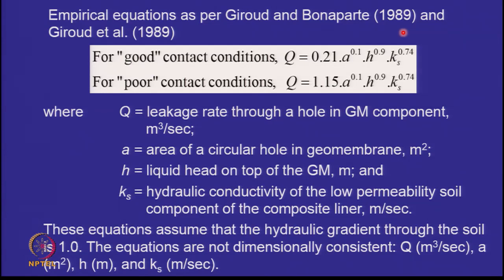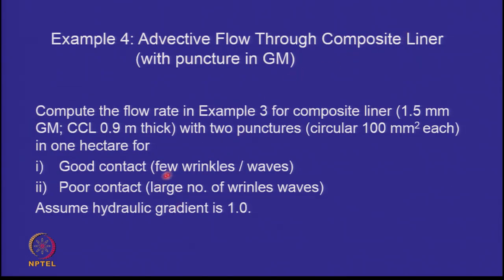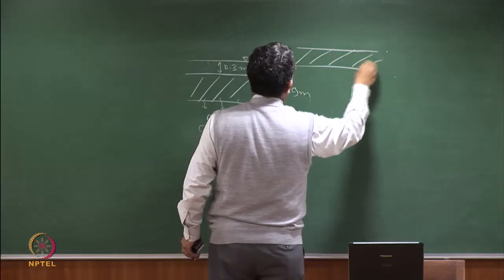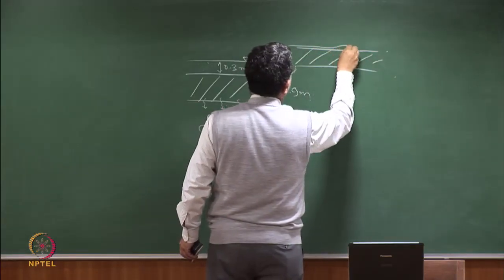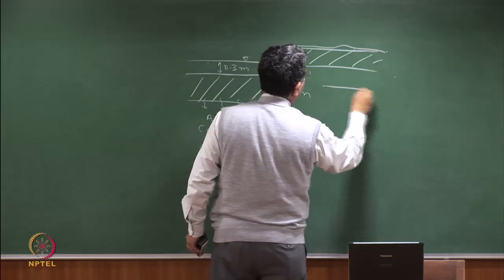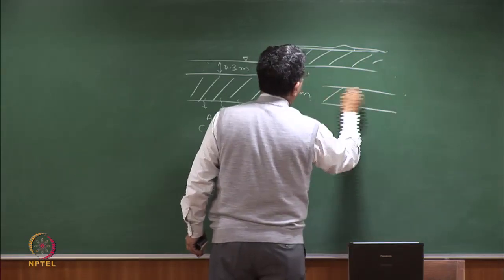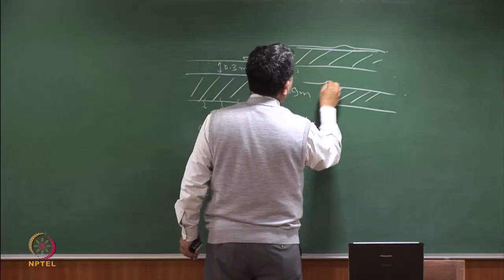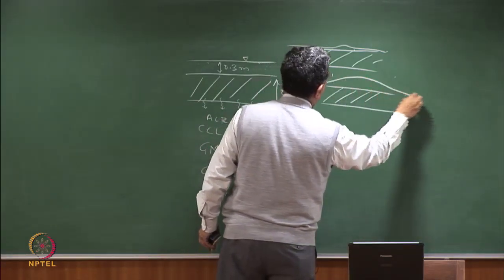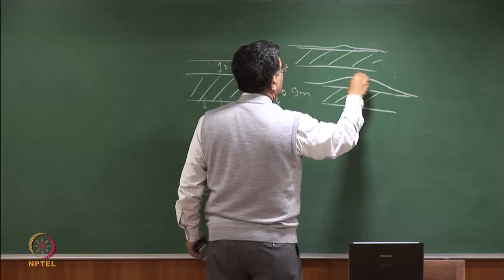And what is good contact and what is bad contact? Good contact means few wrinkles and poor contact means large number of wrinkles. So when they did the testing in the laboratory, this was the compacted clay. A good contact meant this, and a poor contact meant this.